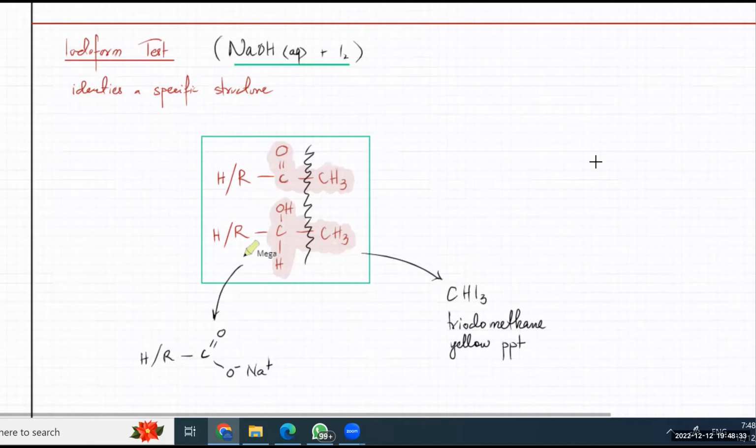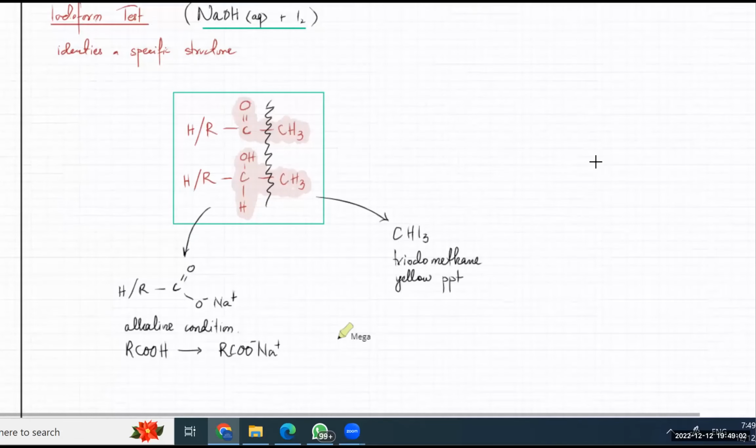And you're going to get a carboxylic acid, except that in alkaline conditions the carboxylic acid reacts, because you're using NaOH. So your RCOOH group ends up reacting with the alkali, which is why you end up with a salt.